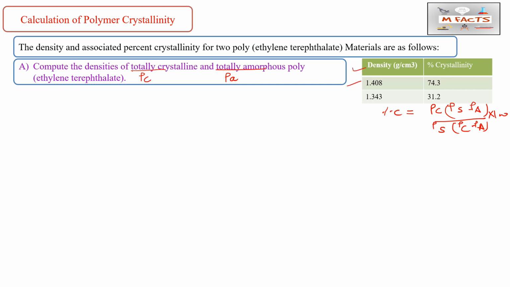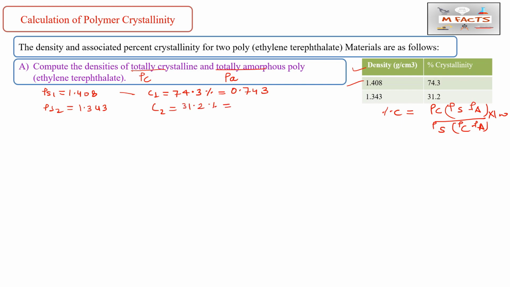Now I will write the values that are given in the table. The density of the first sample, rho S1, is given as 1.408, and the corresponding crystallinity, C1, is 74.3 percent. If I take it as a fraction, I can take 0.743. And rho S2 is given as 1.343, and this C2 value is given as 31.2 percent.